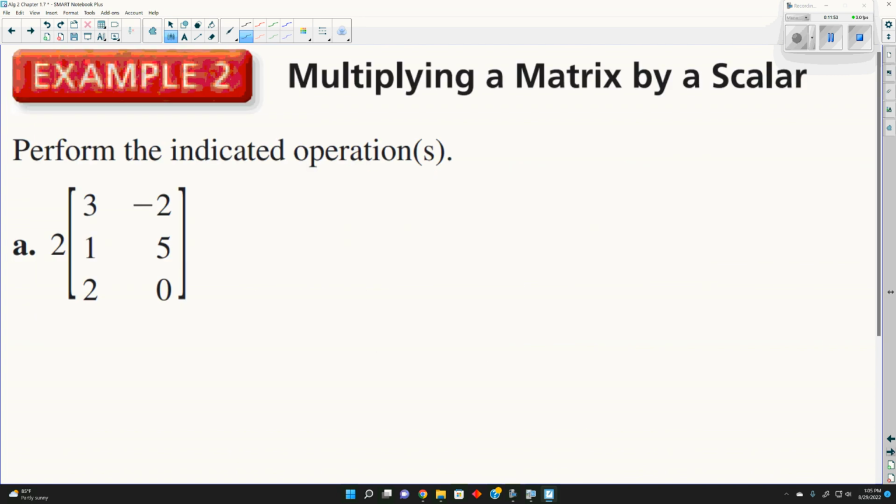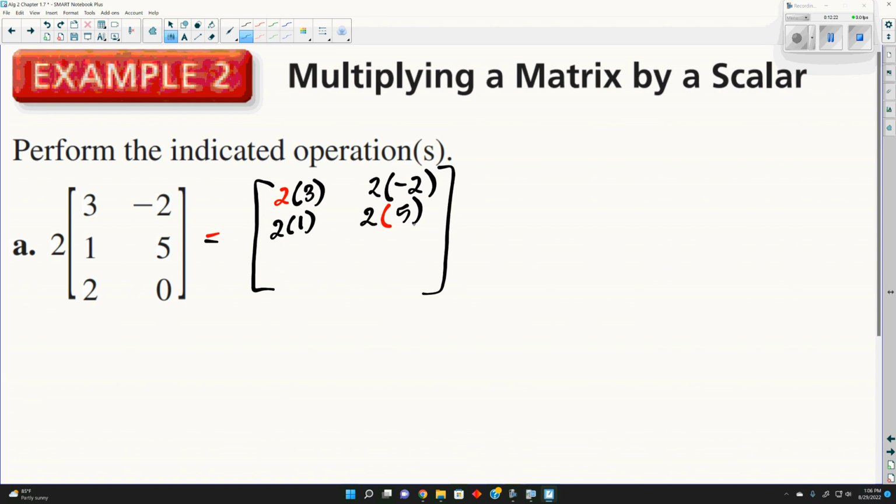So if we look at this first one here, what are we going to multiply each of these elements by? 2. So I'm going to write it out. So we would do 2 times 3, or negative 2 times, not negative 2 times negative 2, it's just going to be 2 times negative 2. Then the next one we have 2 times 1, and 2 times 5.